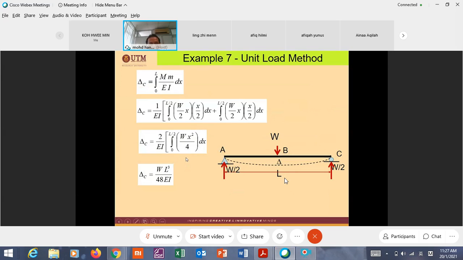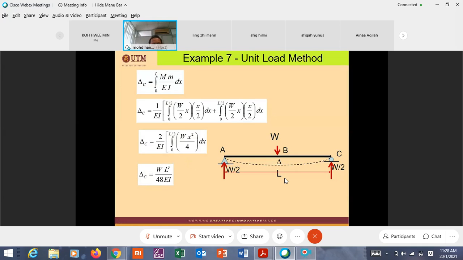I don't have to show it in detail; you can work it out yourself. We end up with delta equal to WL to the power of 3 over 48EI, and it is proven that it is the same answer as in the double integration method and Macaulay method.